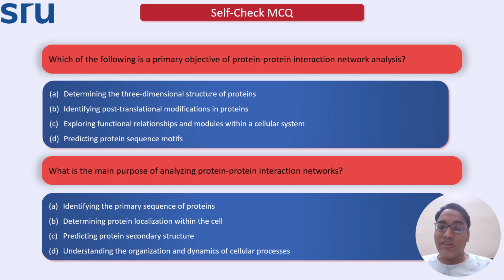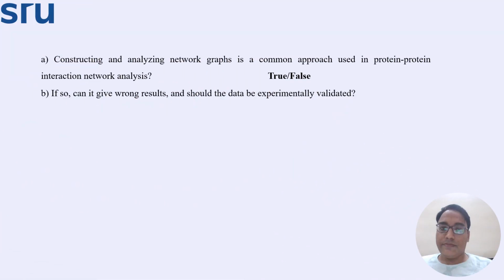Understanding the organization and dynamics of cellular processes, that's the right answer. Constructing and analyzing network graphs is the common approach used in protein-protein interaction network analysis. Yes, it's the right answer.